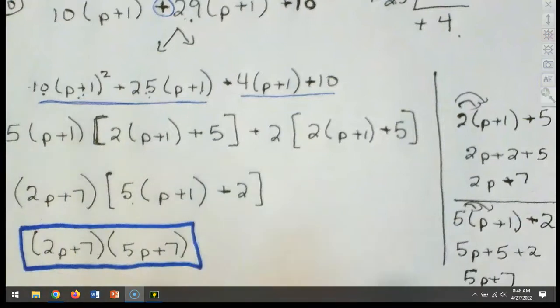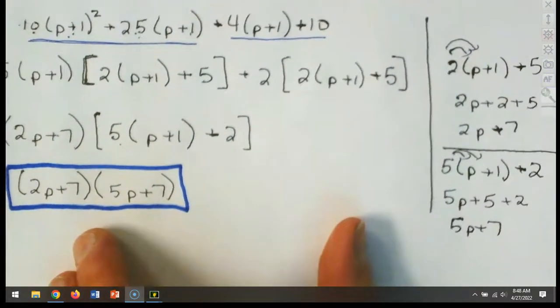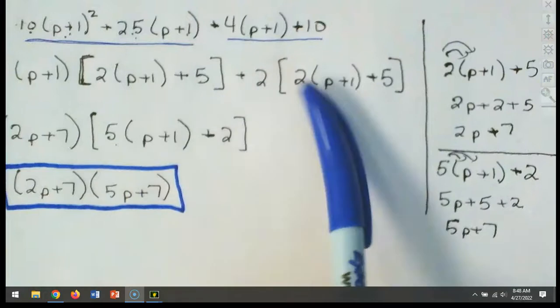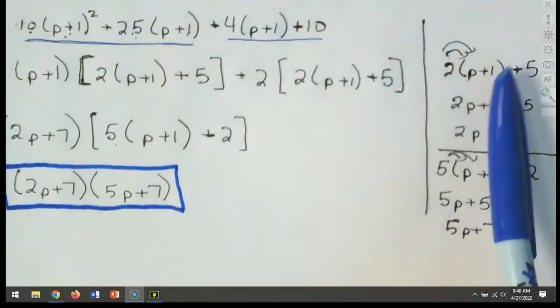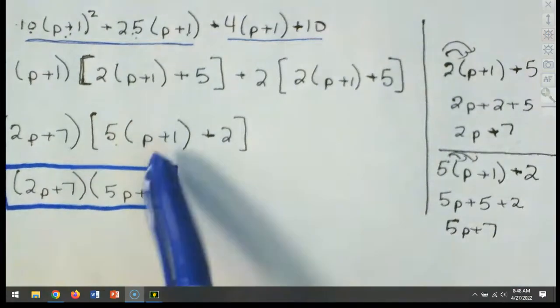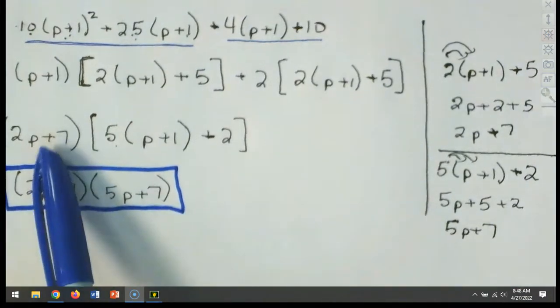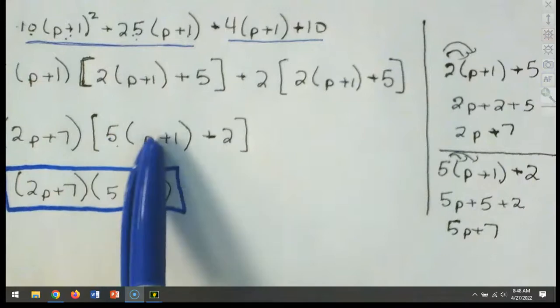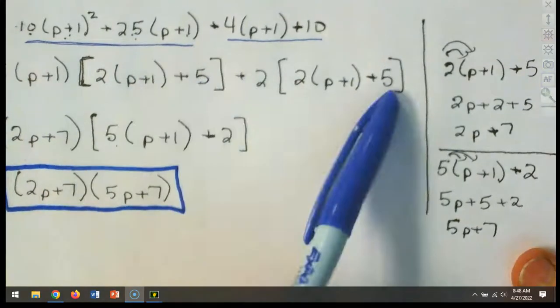This one then, we had to do a little bit of work. We had to simplify these brackets down using the distributive property and combining like terms, which we did there. Okay, that gave you that piece. Then we got to this point, because that's gone, and that was gone.